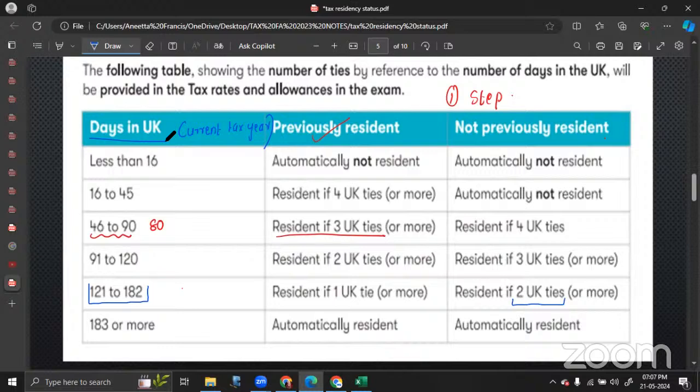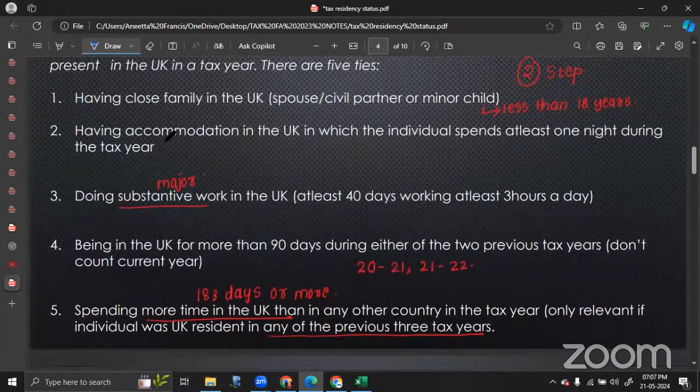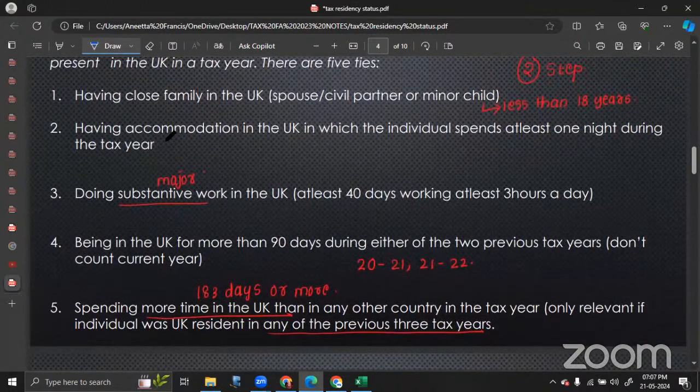So the first thing is to determine the number of days they stayed in the UK during the current tax year, and the second is to check whether they were resident or not resident previously. On the basis of that, you have to determine the number of ties required, and check whether they meet the sufficient number of ties. So, having a close family member in the UK, which can be a spouse, civil partner, or a minor child.